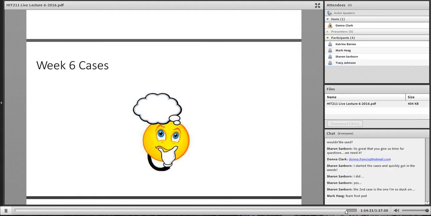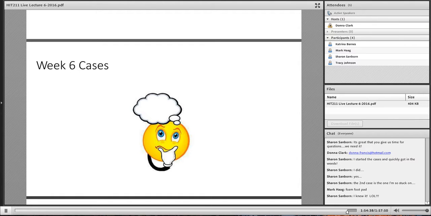Okay, in the second case, you're going to use an E&M code and an HCPCS code. Again, there is a device being used in case 2. You're going to have your E&M, that's way back in week 2, so you need to utilize your E&M.